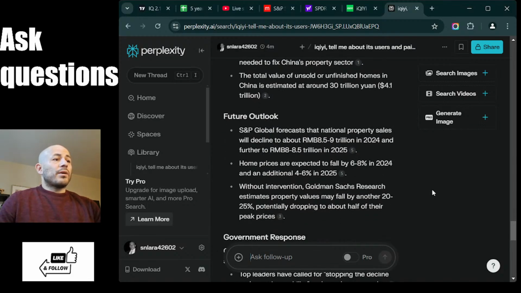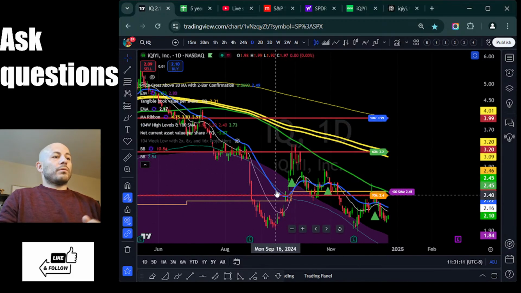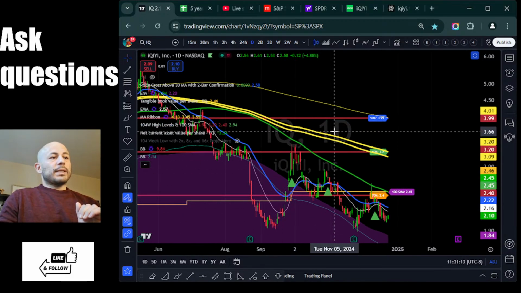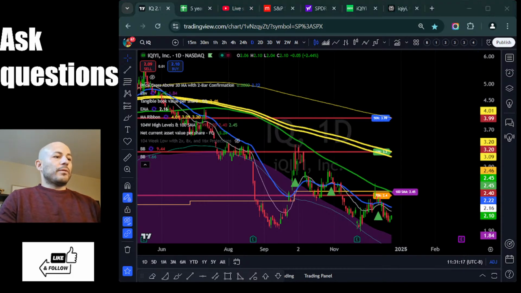So home prices are expected to fall 6 to 8% in 2024, this year, and an additional 4.6% in 2025, next year. So they're not done going down. I know they're trying to stimulate, because when IQ stock was shooting up 60%, it was on that stimulus potential.